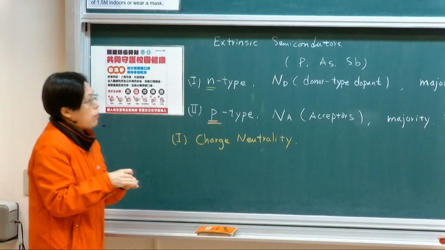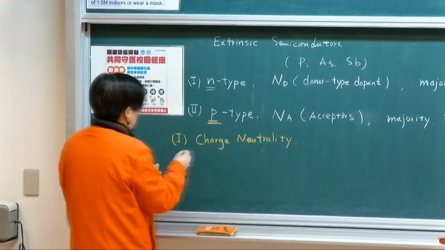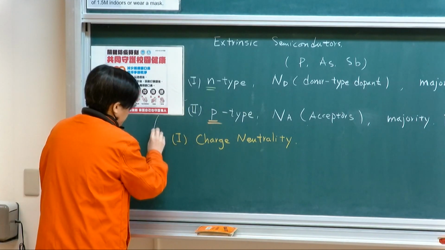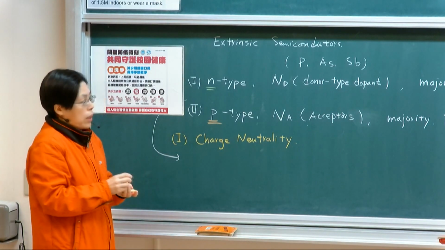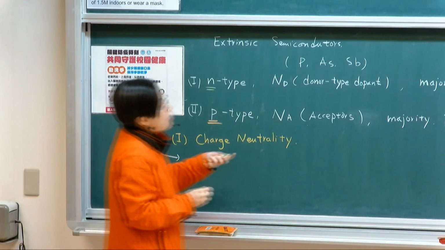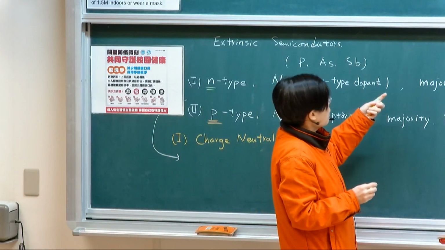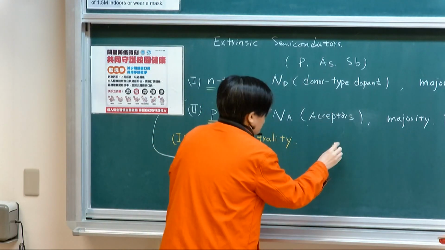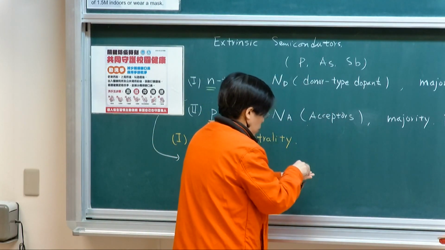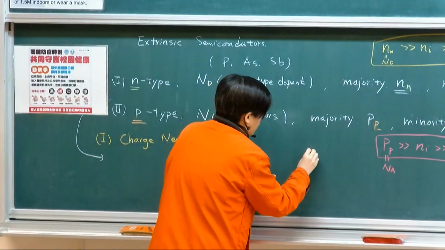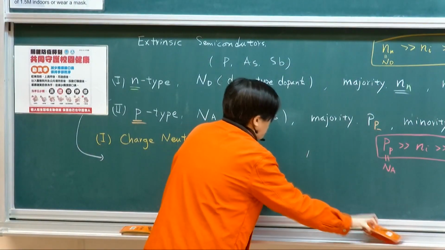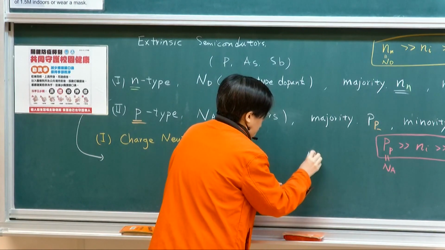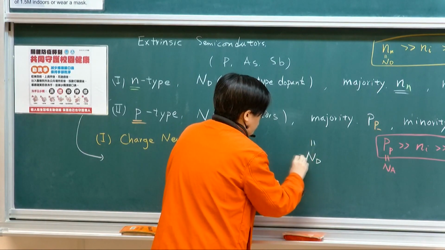So let's think about what happens in an N-type semiconductor. One is your positive charge. The positive charge is the dopant. Remember, N_D. Let me write it down here. So let's say this is my dopant, a donor type.